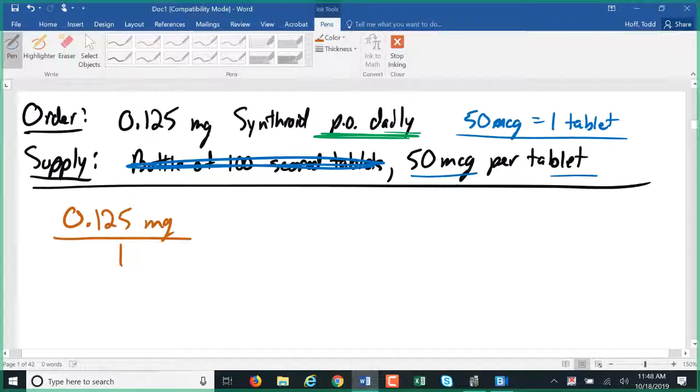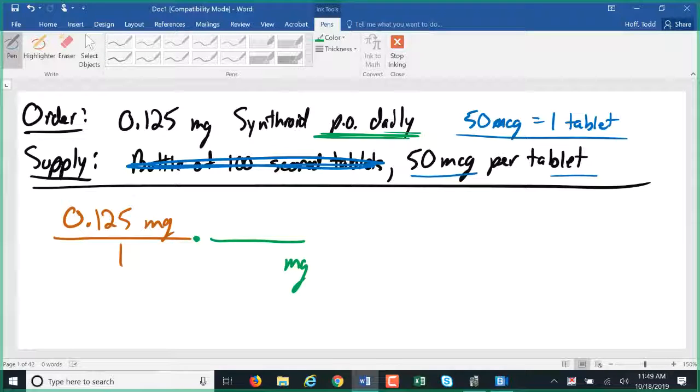As we go to convert this, we need to get rid of milligrams. We have to have milligrams on bottom here. Problem is, we look at our equivalencies and we don't have an equivalency with milligrams in it. We have an equivalency with micrograms. Now, those are both units of mass, which means we know how to convert between them. So we have to get this from milligrams to micrograms using our knowledge of conversions. I'll put micrograms on top.